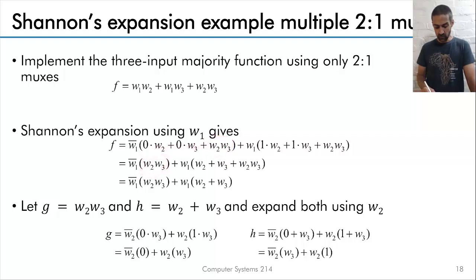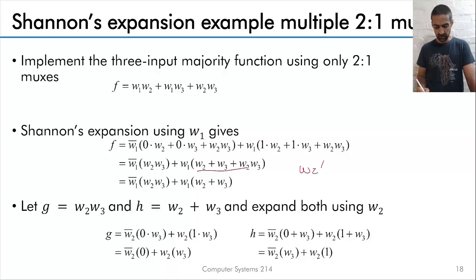The next one, 1 AND W2 is just equal to W2, 1 AND W3 is equal to W3, and then this just stays there unaffected. Right, so now this also reduces further.